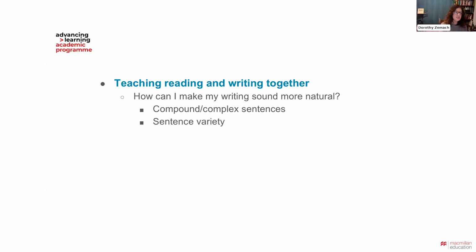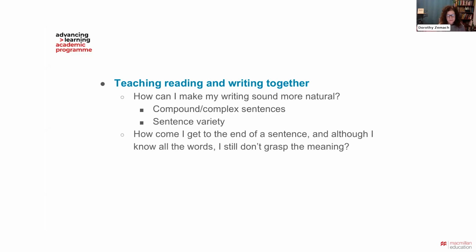And it's so much easier if you start from reading and you notice these things and you can go through a text and see how many different kinds of sentences there are and look at how many short sentences there are per paragraph, how many long sentences, how many complex sentences, how many compound. So to notice that first in reading makes it so much easier to apply that in writing.